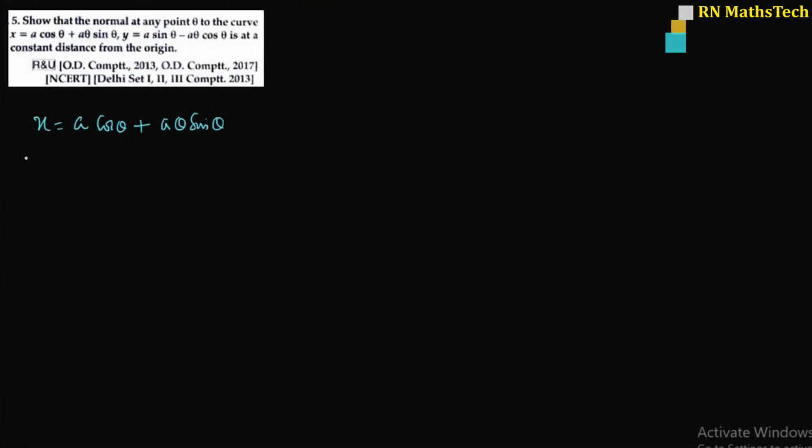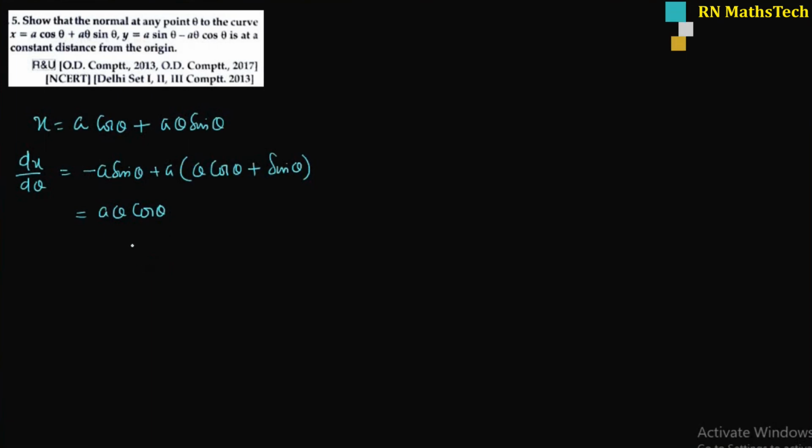So x is given, dx by d theta is equal to minus a sin theta plus a into theta cos theta plus sin theta by product rule. So a sin theta cancelled, that is a theta cos theta.